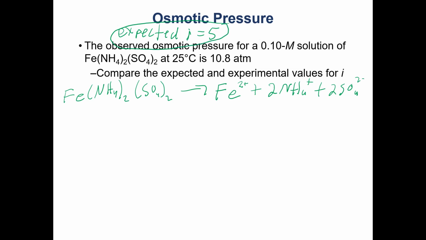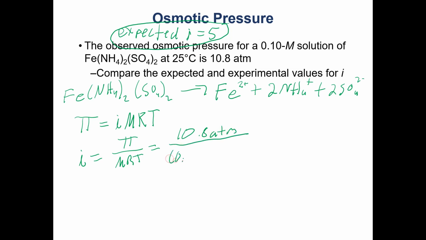Now let's see if that's actually what our value for i is when we plug these values in. So I'm going to go ahead and rearrange this so that I have less writing to do later on. The osmotic pressure as given to us is 10.8 atm.